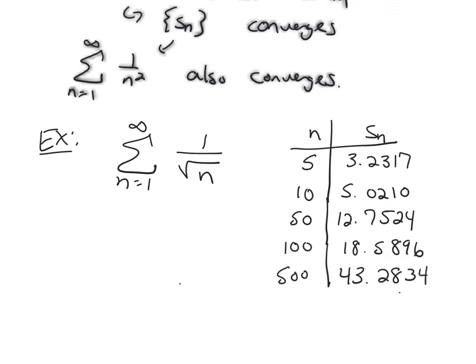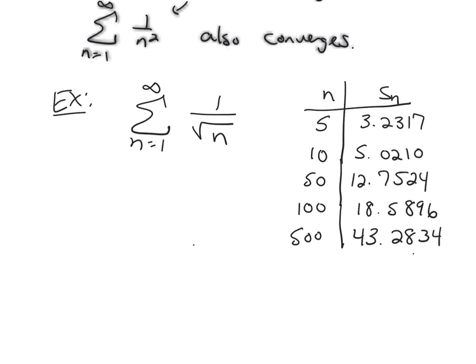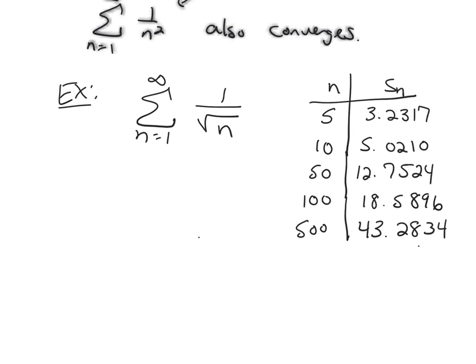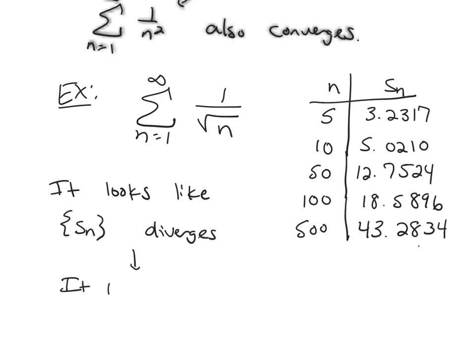So we're going to start by saying what our intuition is for this problem. And again, our intuition says it looks like our partial sums, S sub n, diverges, which then tells me it looks like our series, 1 over the square root of n, diverges.